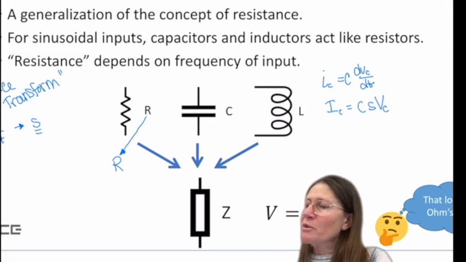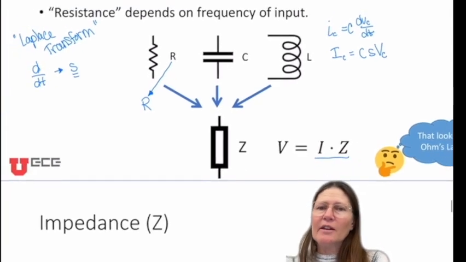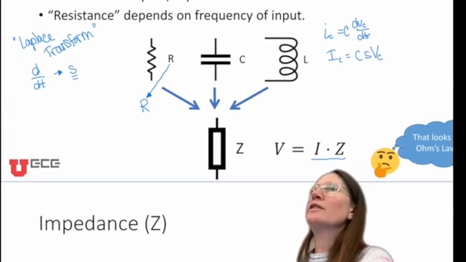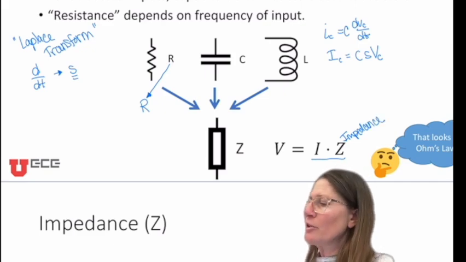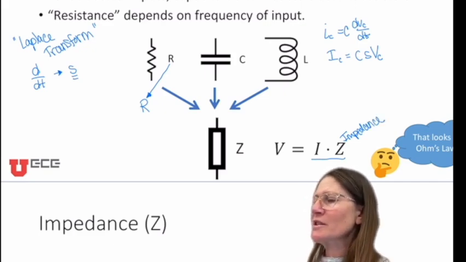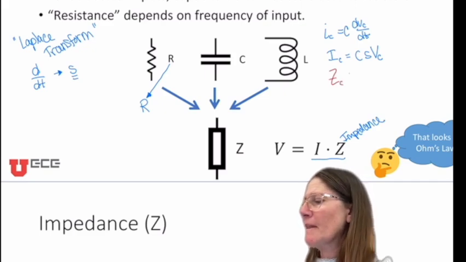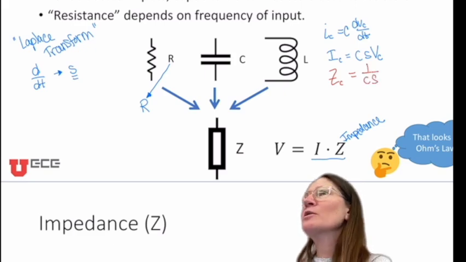And remember, for resistance, it looks like I times Z, and Z is just meaning that we're now in this complex, so we call it an impedance instead of resistance. So what would your resistance here look like? It's going to be 1 over CS.